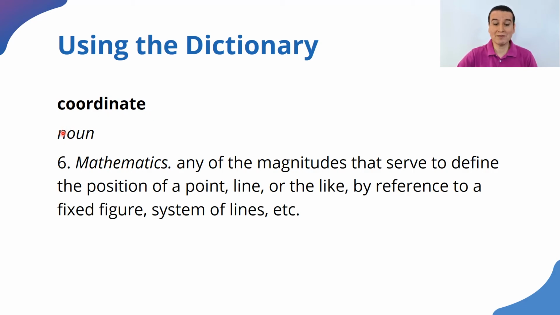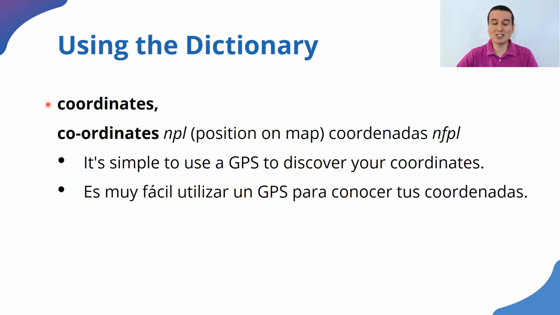So as a noun in mathematics it means any of the magnitudes that serve to define the position of a point, line, or the like by reference to a fixed figure, system of lines, etc. So it's according to meridians and the parallels, all those lines that we have to measure the Earth and to establish positions of elements on the Earth. All right, and in this English-Spanish dictionary, I found it in plural, and it was like this, and it has this definition with this example that you see there.